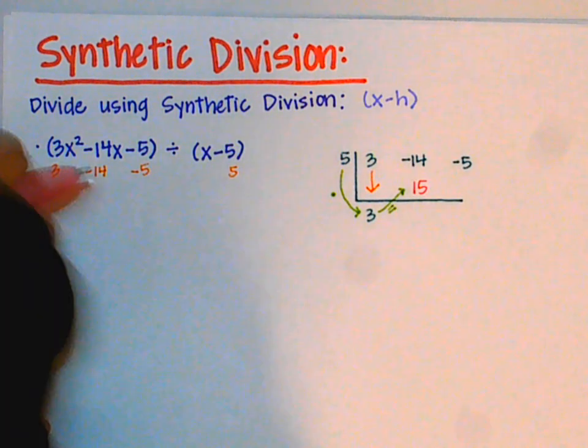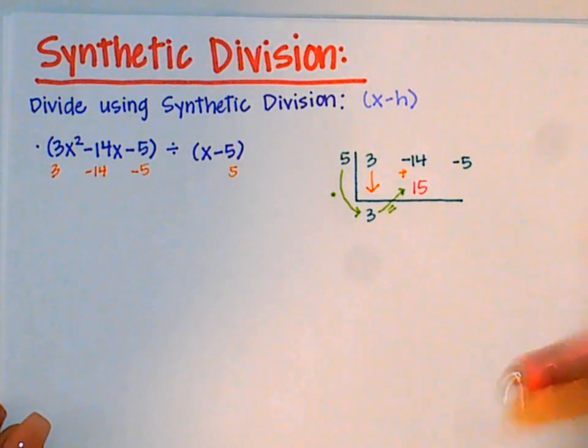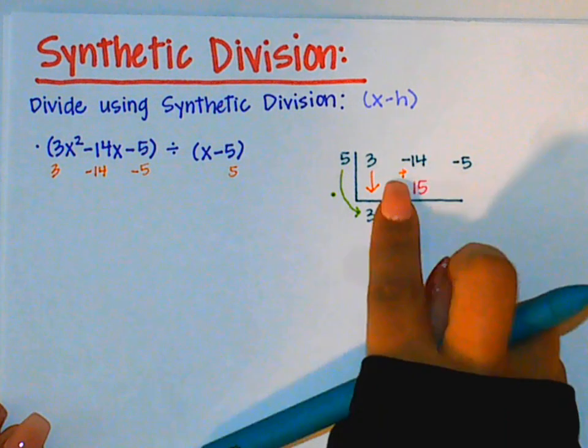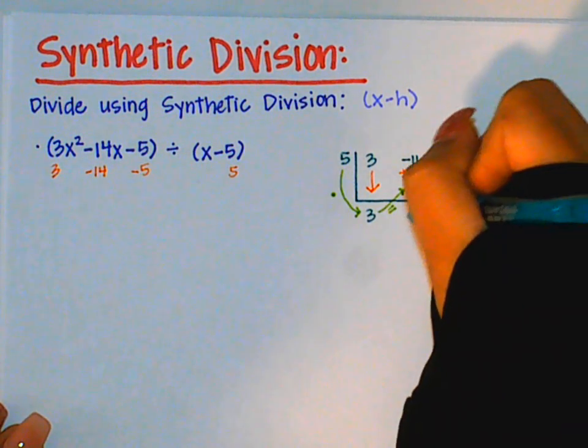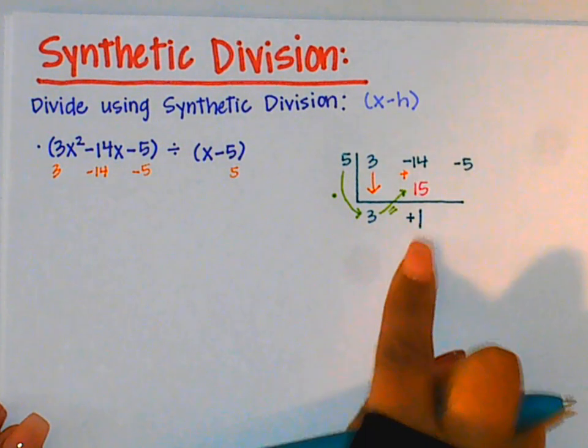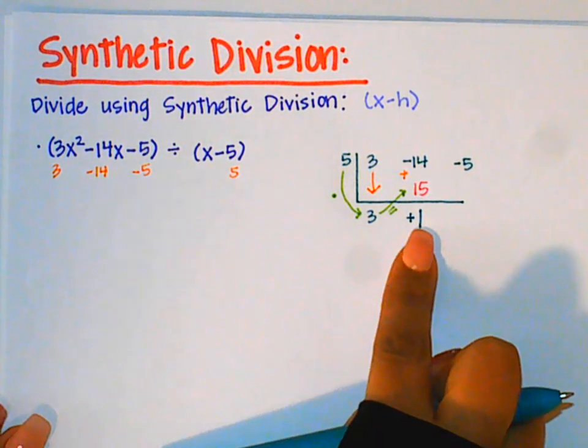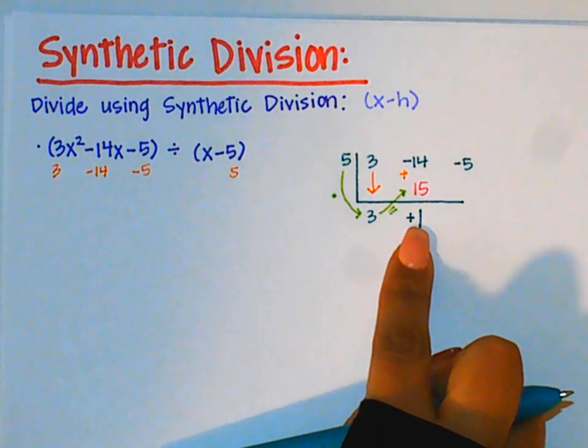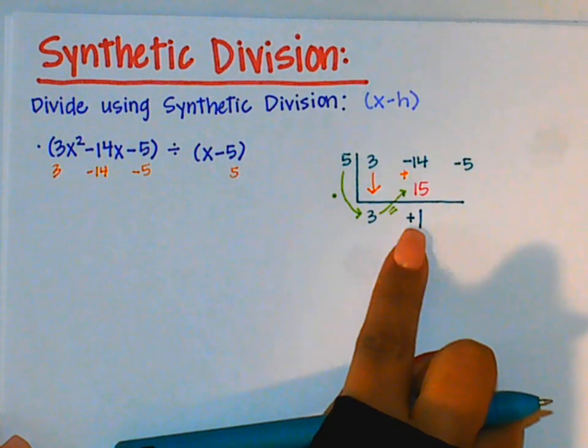Once I'm here, I am going to add. Negative 14 plus 15 gives me a positive 1. Now, I am going to keep my signs always, and I'll show you why at the end. So just get used to always writing your sign with it.